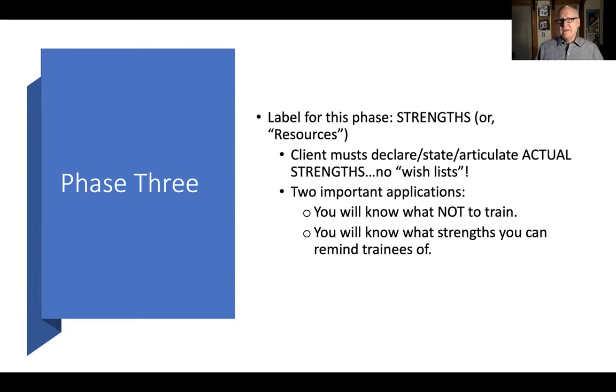If the client, the sponsor of the training, the manager you interviewed, said something like, "My people are really enthusiastic," and you're in the training doing an activity and the people are sort of blah, you can say with a little jovial tone in your voice, "Hey, when I talked to so-and-so, he said you guys are really enthusiastic.